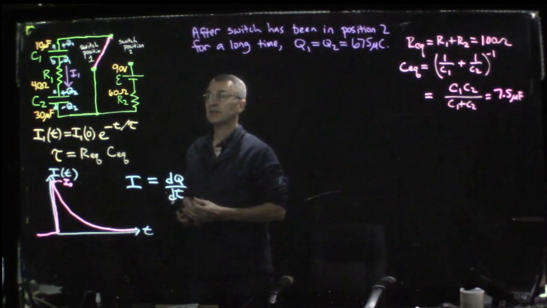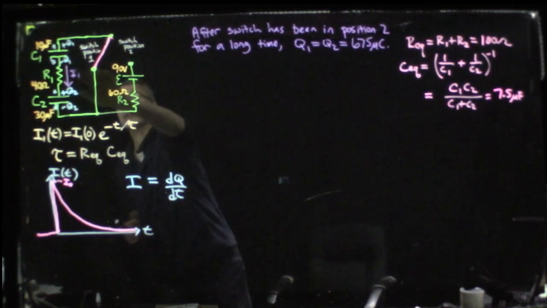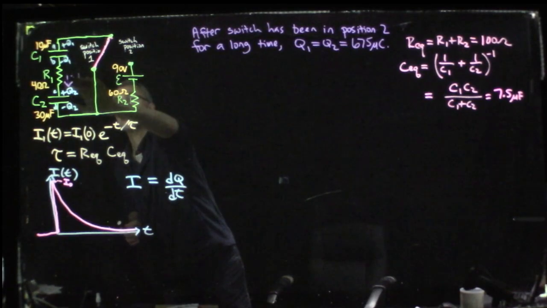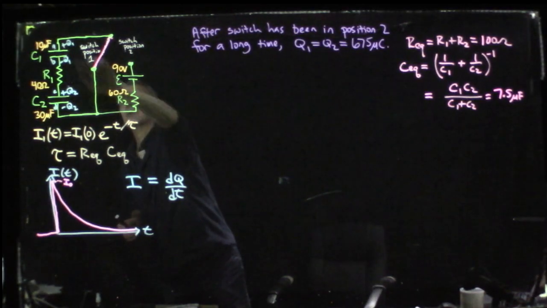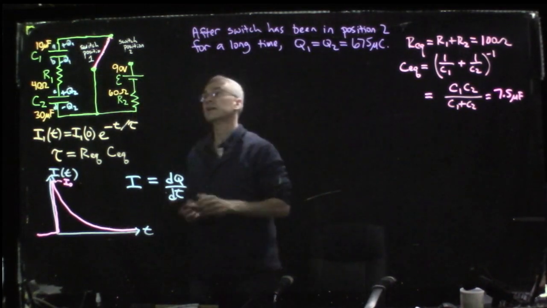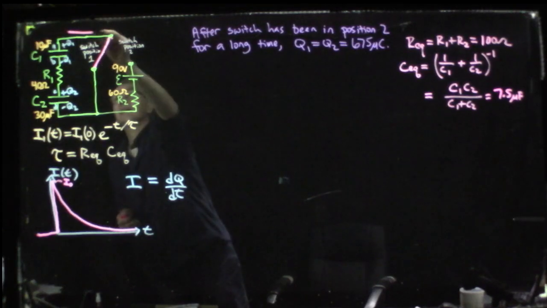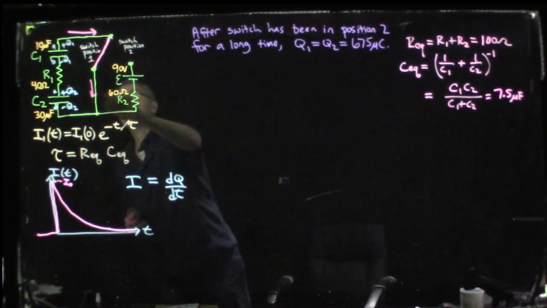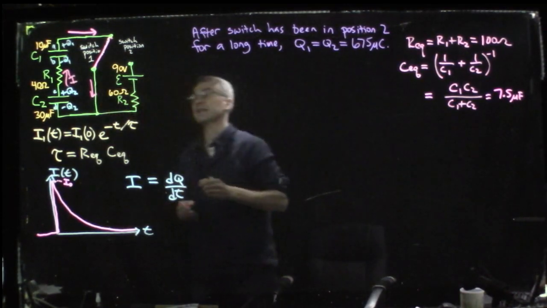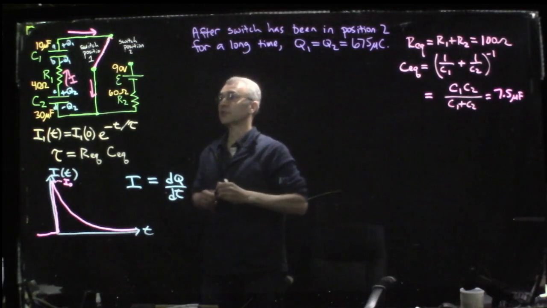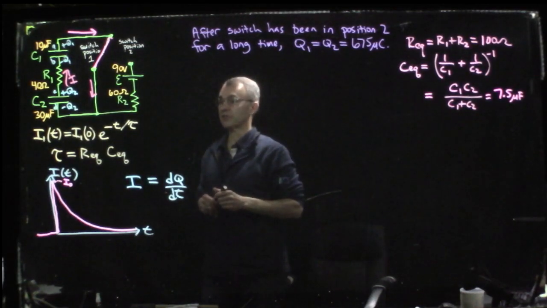I think you can see that the current is not going to flow the way that we've drawn. The current is going to flow the other way, because you have plus charge stored here. So we're going to get current flowing like this. I'll call that I. And it's going to discharge the capacitors.